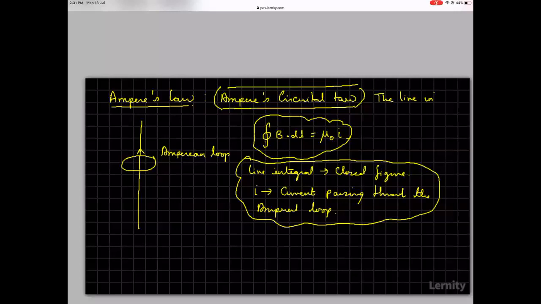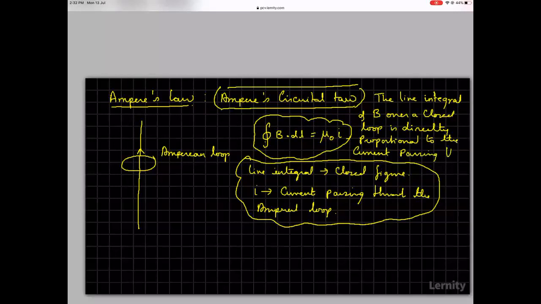The line integral of B over a closed loop is directly proportional to the current passing through it. If this appears, it appears as a question.